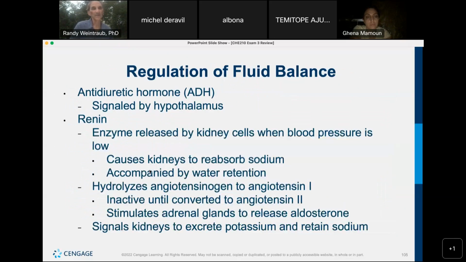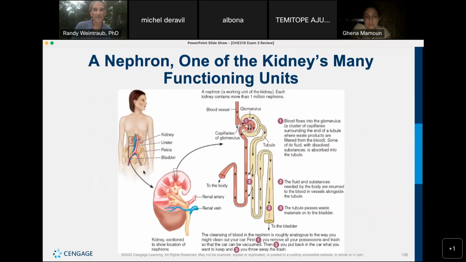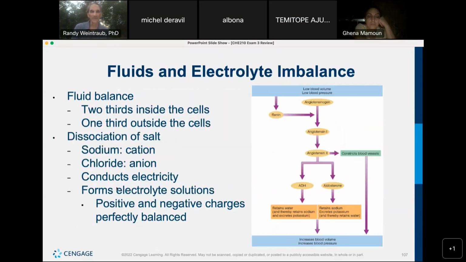How is this regulated? By a couple of hormones, ADH, which is from the hypothalamus, and renin. So we have hormonal balance of body fluid, and how we reabsorb and keep balance of both water and electrolytes is a special job of the kidneys and the kidney filtration system.